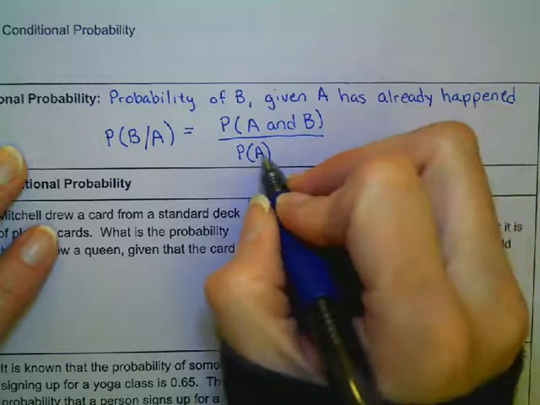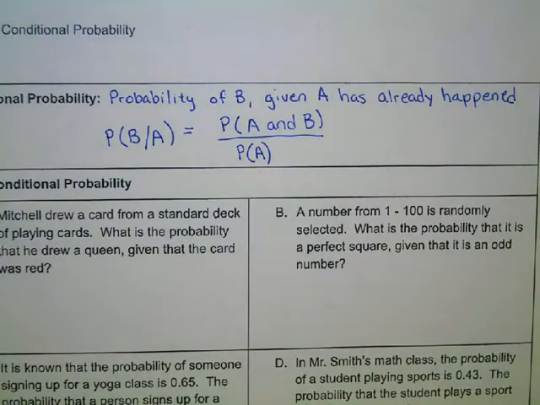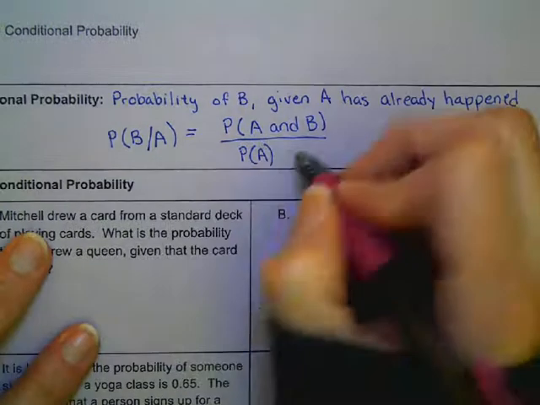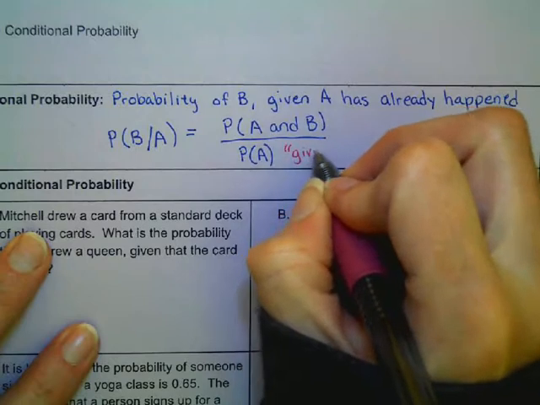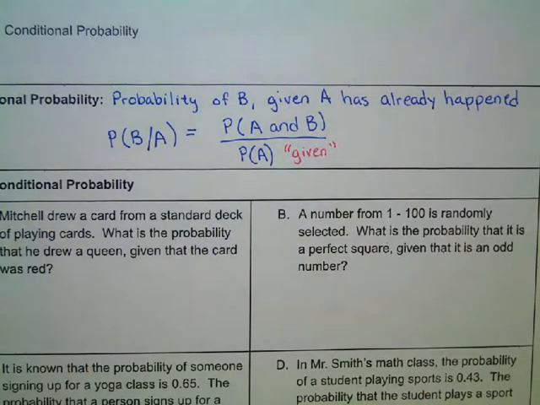So I'm just going to write next to the probability of A, what we call given something has happened. So you divide by given this has already occurred. Okay, that's your bottom part.